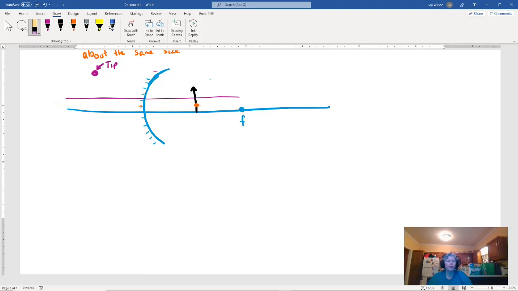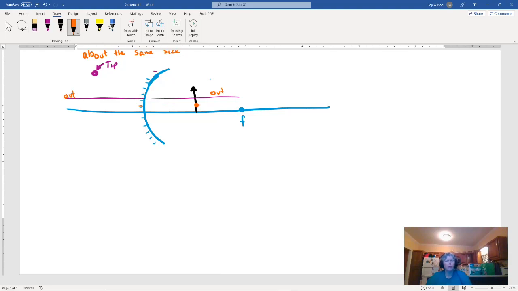Let me get that first one a little straightened up for you. Let's see if I can do that first one a little better. The focal point one's easier for me because I can line those up a little bit easier. So this is outgoing, but this is where our brain thinks outgoing came from. So our brain doesn't see this one at all. That one's gone. It thinks the light actually came from back there.